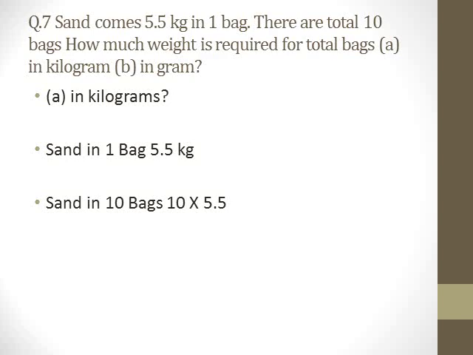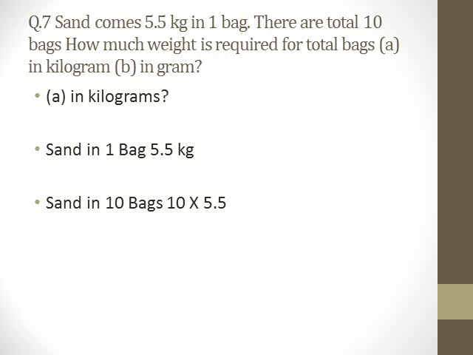So guys, now can you multiply 5.5 by 10? Remember guys, I've already told you, and I'm just revising. When you multiply any number by 10 or 100 or 1000, you can move the point from left side to right side, and when you divide by any number having zeros, 10, 100, 1000 and 10,000, you move the point from right side to left side.